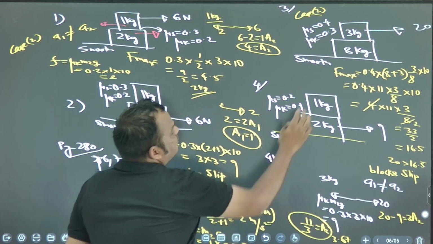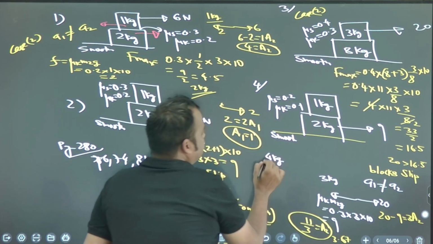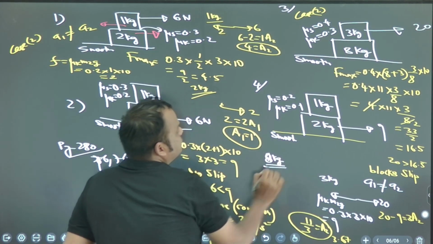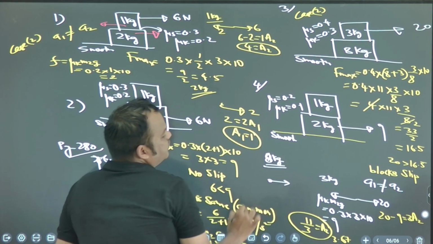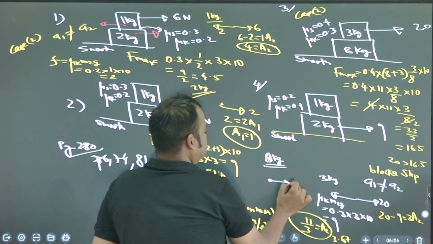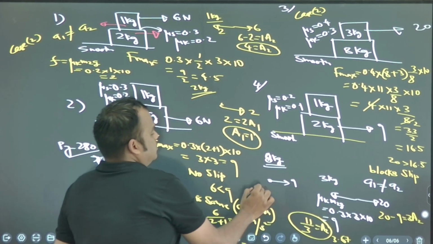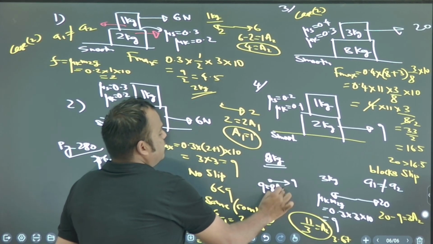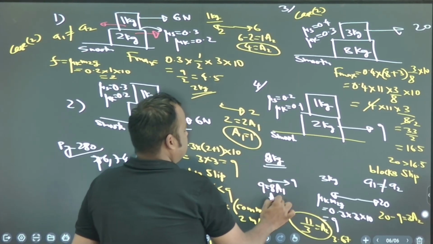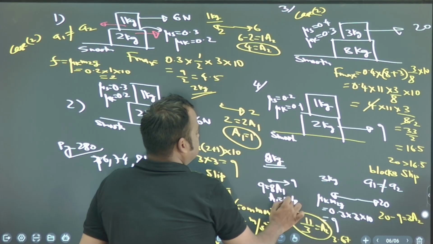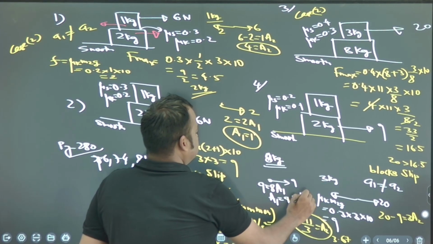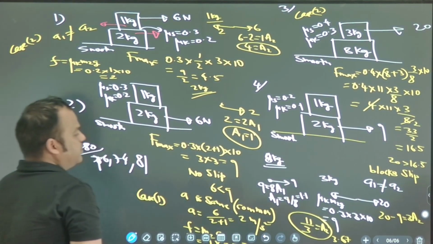Now for, sorry, yes, for 8 kg, correct, 8 kg. Right side is kinetic friction. So 9 is equal to 8 a1. So a1 is equal to 9 by 8, 1.1. a1 is equal to 1.1.